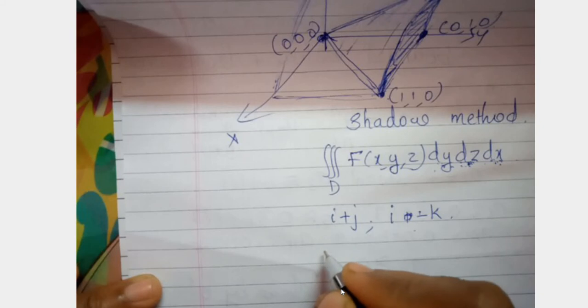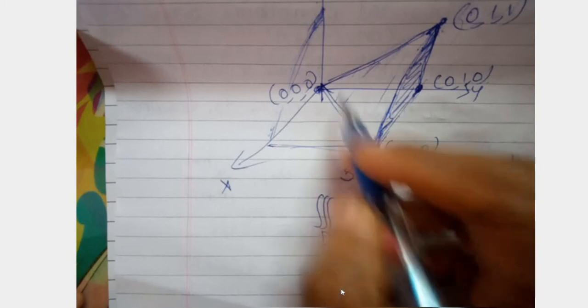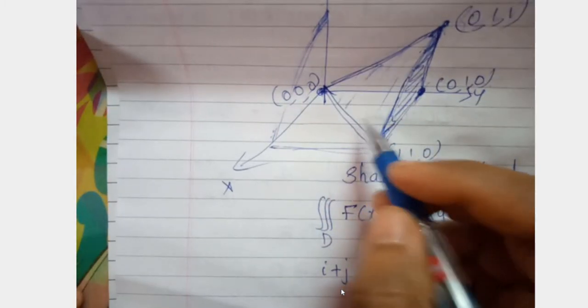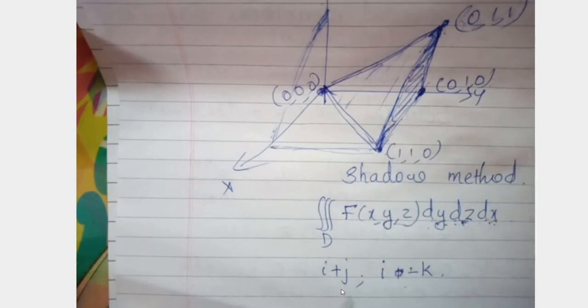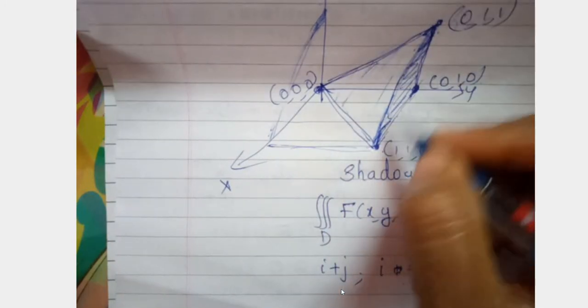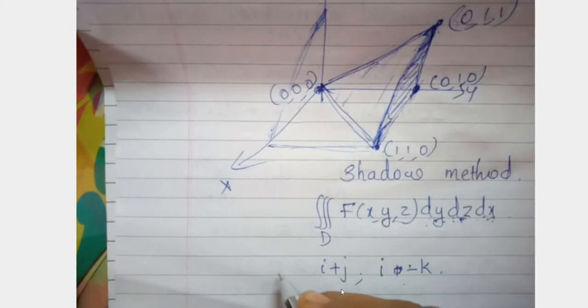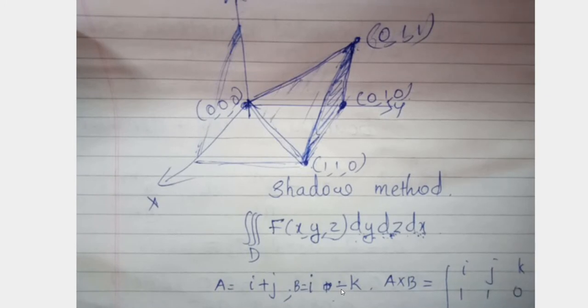Then I have to find a perpendicular. In order to find the plane, I need a point and a normal vector. So, to find the normal vector, I am choosing the two vectors: this is vector A, and this is vector B. Now, what is A cross B? A cross B equals the determinant of i, j, k; 1, 1, 0; 1, 0, minus 1.